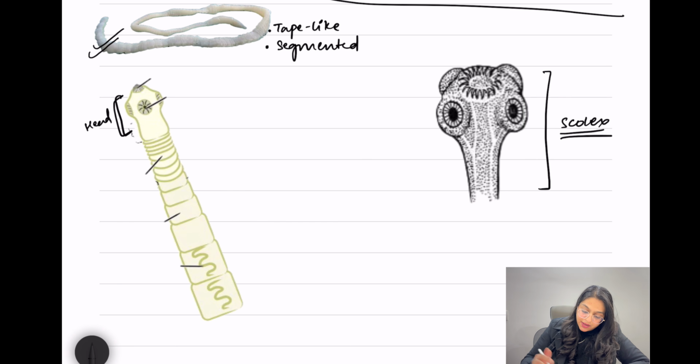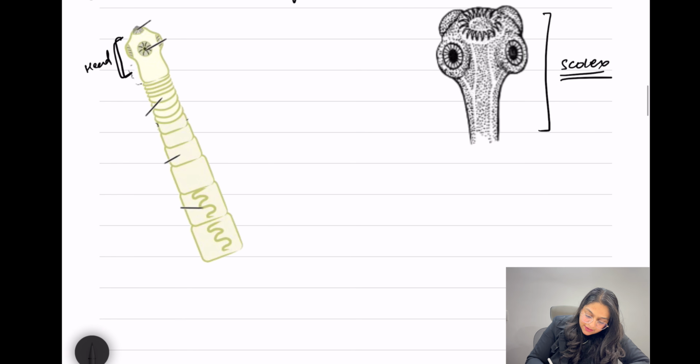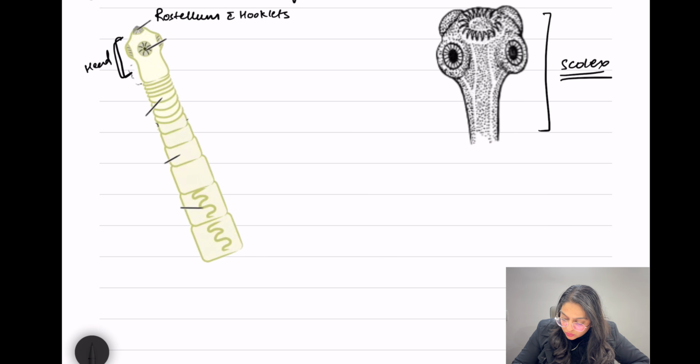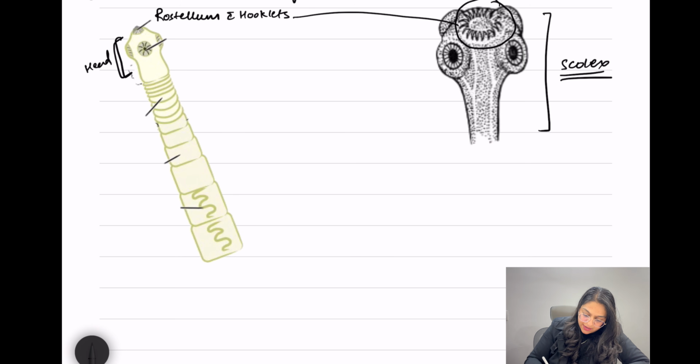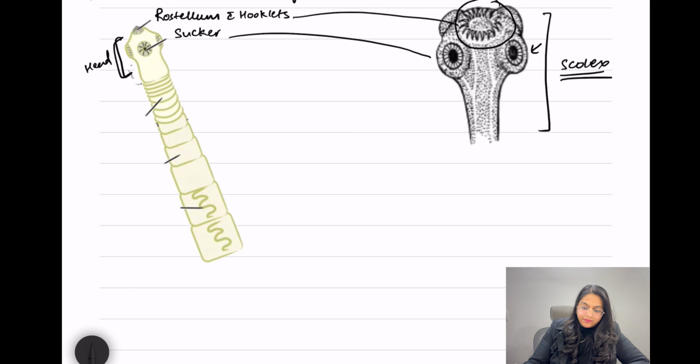Here you can see the rostellum. The rostellum is the mouth opening with hooklets. Look closely at the rostellum with the hooklets. These are the suckers. And this is the neck.